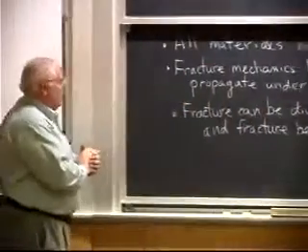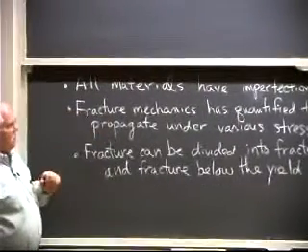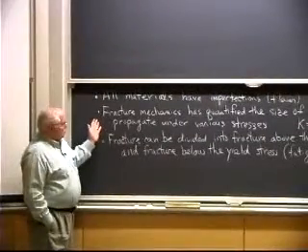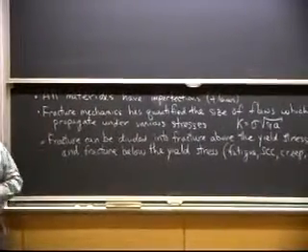We don't have to go through all that. But fracture mechanics, using that basic equation of stress intensity is equal to the stress times the square root of the crack length, basically tells you whether the crack's going to propagate under different conditions.